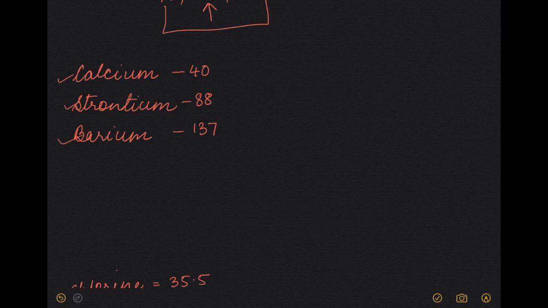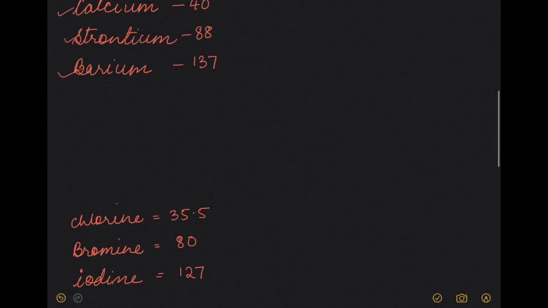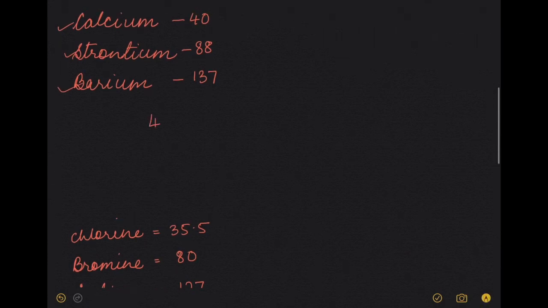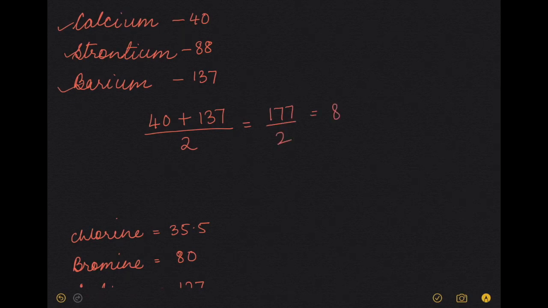And you will see that if we take 40 of calcium and 137 of barium and divide by 2, we get 177 divided by 2, which is equal to 88.5. So approximately it was equal to the atomic mass of the middle element.